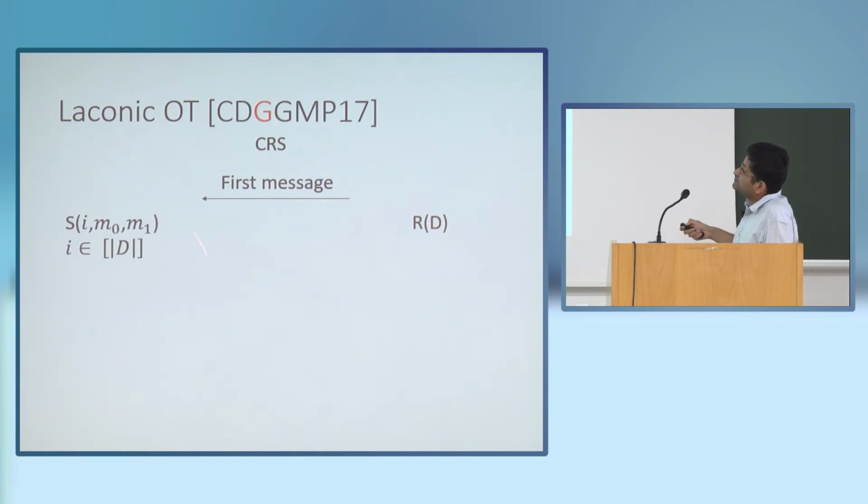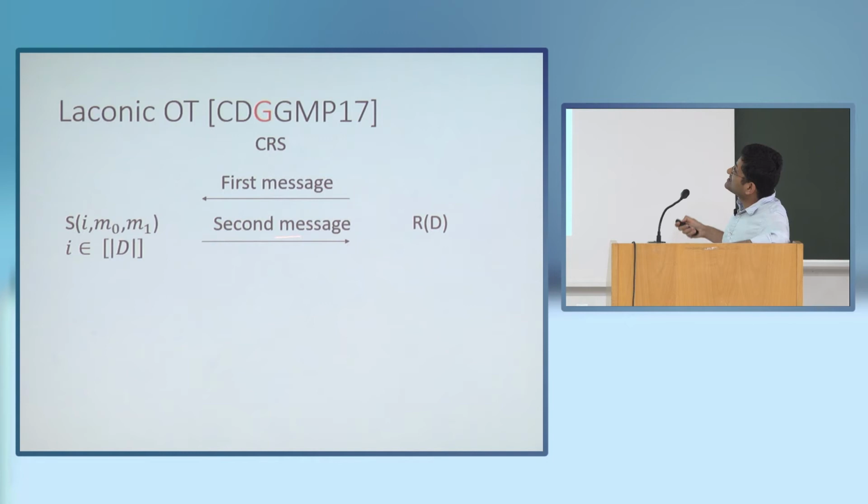It sends the first message to the sender, and what Laconic OT requires is that this first round message be small. So it's doing a lot of work, but the first round message that it sends needs to be small. And as it does a lot of work, it could prepare a pre-processed version of the database and keep it locally with itself.